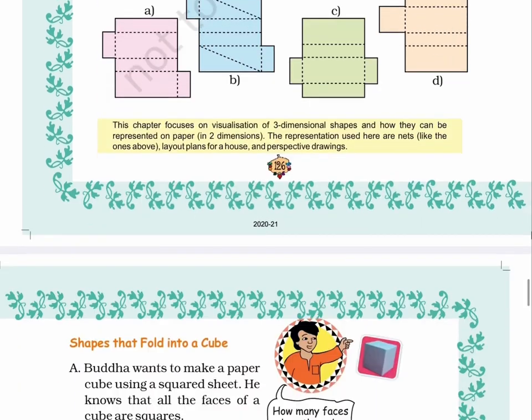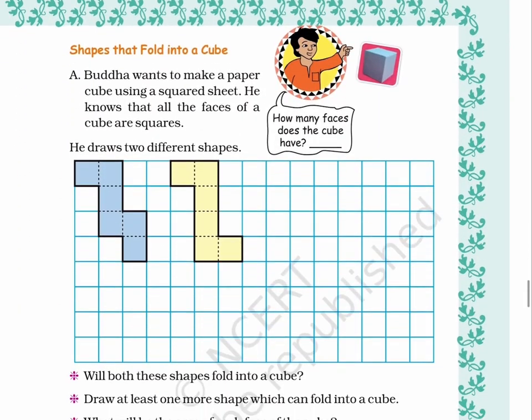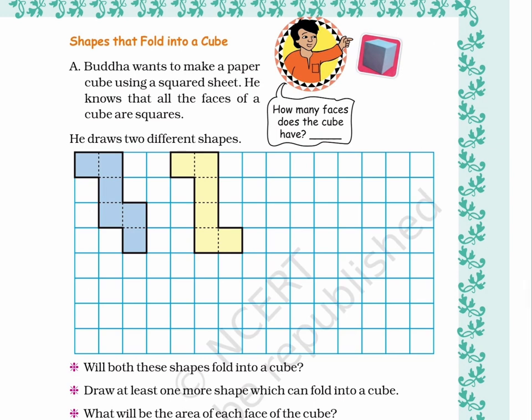Page 127. Shapes that fold into a cube. Buddha wants to make a paper cube using a squared sheet. He knows that all the faces of a cube are squares. To the right side of the page on the top, we have a picture of Buddha thinking and asking himself, how many faces does the cube have?